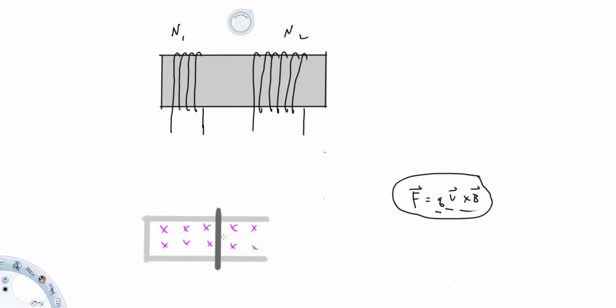Now, if I were to apply a force in such a way that the bar started moving this way with some velocity, I'll just say V, and we looked at a positive charge carrier in the metal, if you do the V cross B part, fingers parallel to this, rotate till your palm is towards the magnetic field vectors, you would conclude that you'd have a force on that particle in this direction.